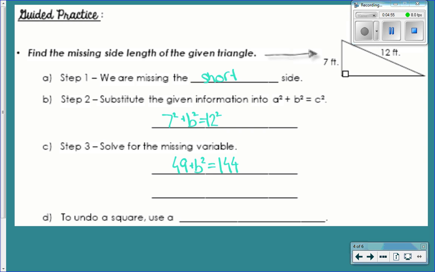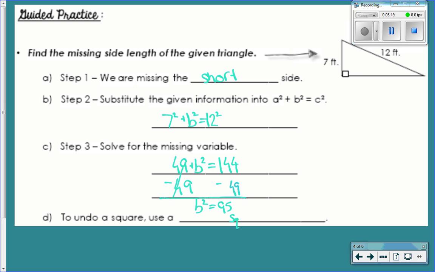Good. And we're going to subtract 49 on both sides. And we're left with B squared equals 95.